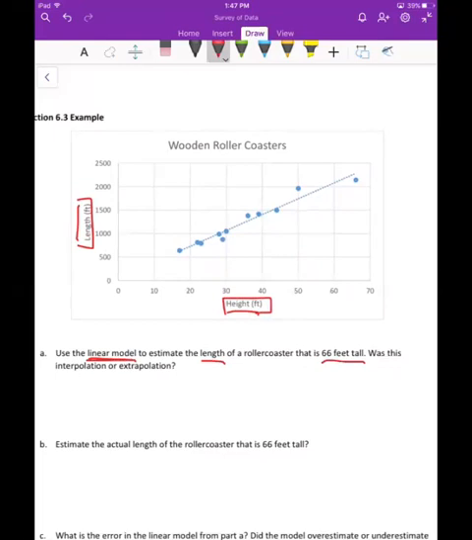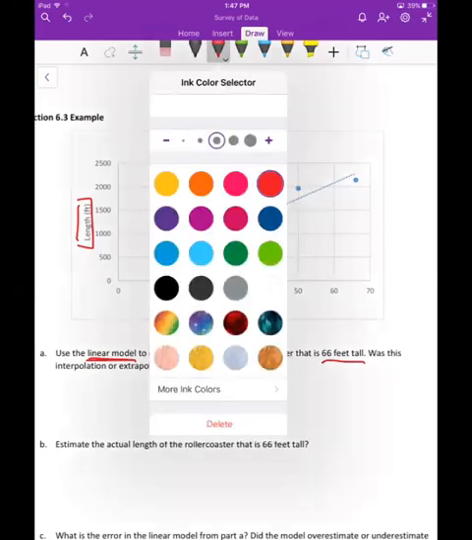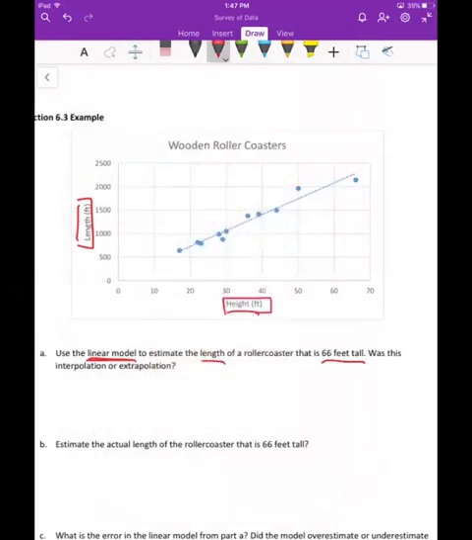So if we go to 66 feet on our scatter plot, right about here would be 66 feet, and that's the point on the line I'm emphasizing. Sometimes it's a little hard to get it exact. So the point on the line would be about right there, around 66.